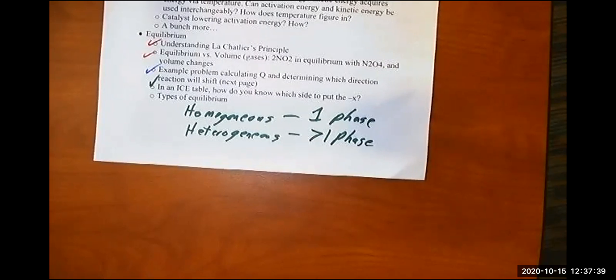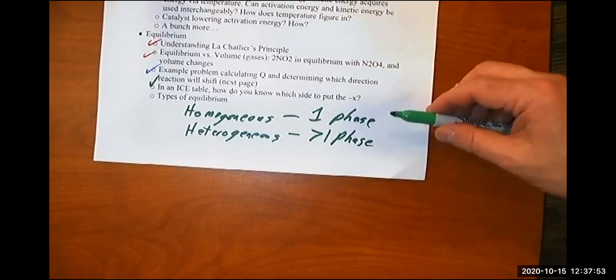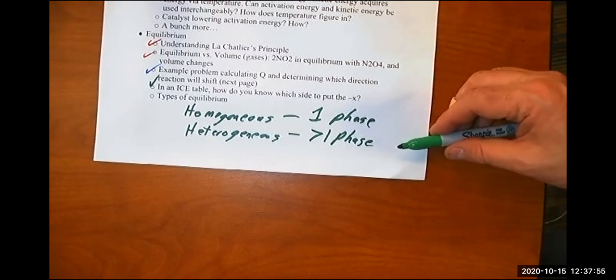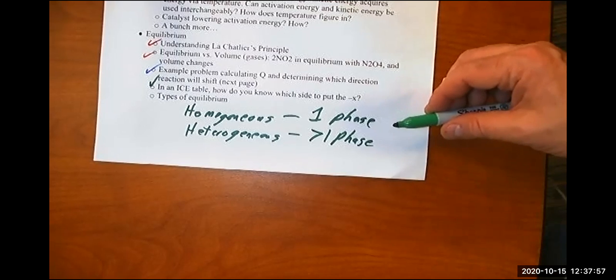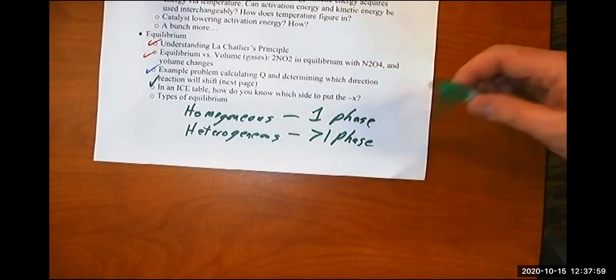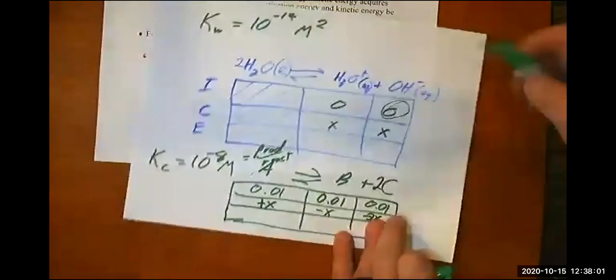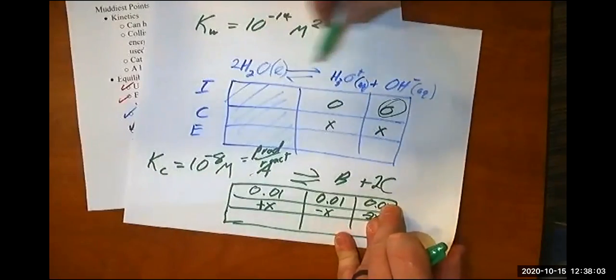So if you talk about homogeneous catalysis versus heterogeneous catalysis, one phase versus more than one phase. If you talk about homogeneous or heterogeneous equilibrium, one phase or more than one phase. That's just having to do with what the words mean. So homogeneous equilibrium would be something like this, where everything is in water.